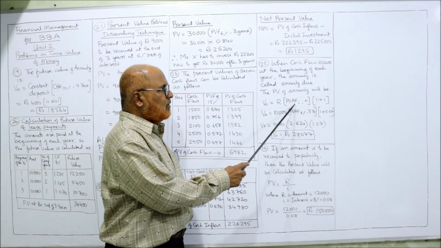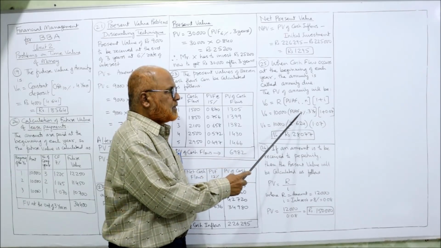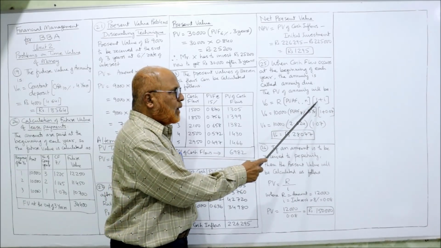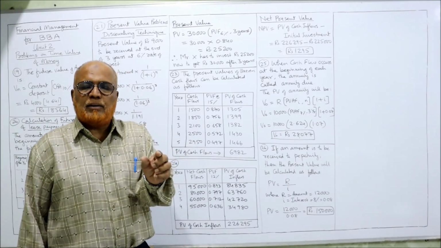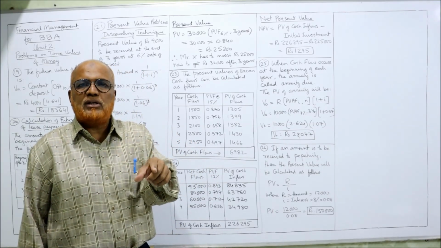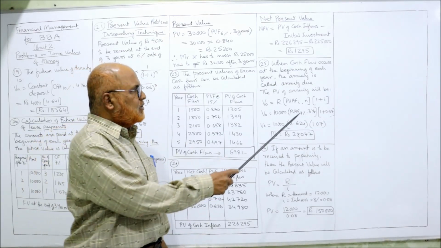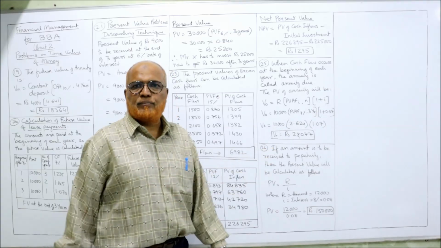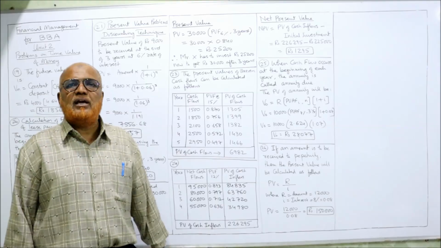The present value of annuity for I rate of interest, N number of years, so 7%, 3 years, into 1 plus I. Into 1 plus I will be multiplied only if the amount is received at the beginning of the year. If end of the year, we should not multiply 1 plus I.